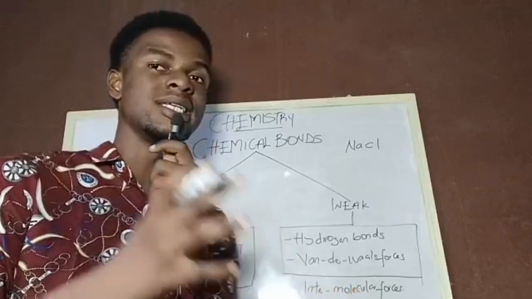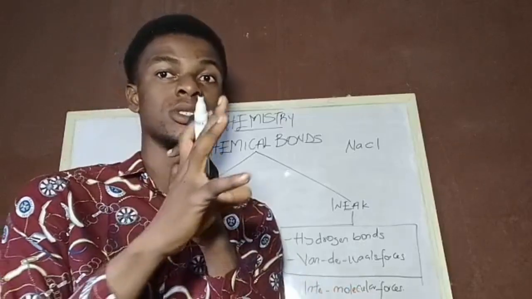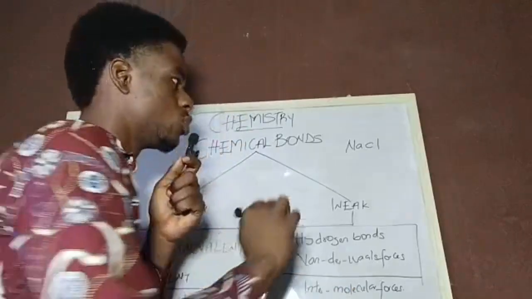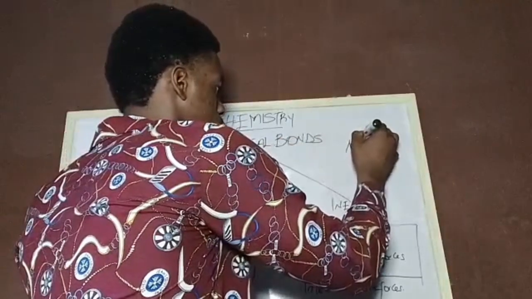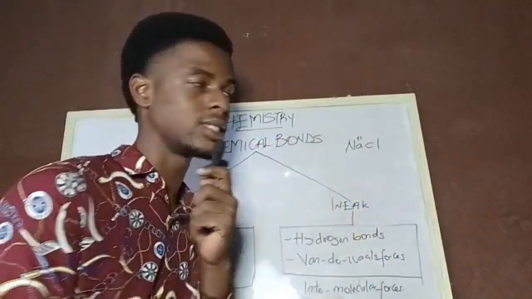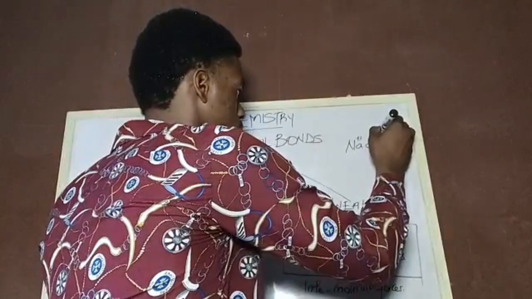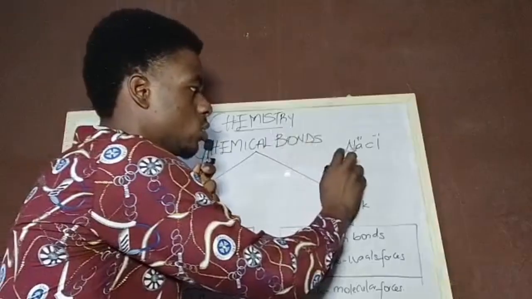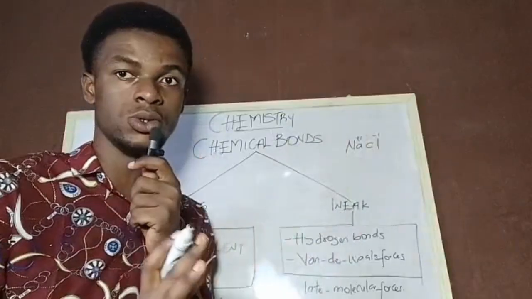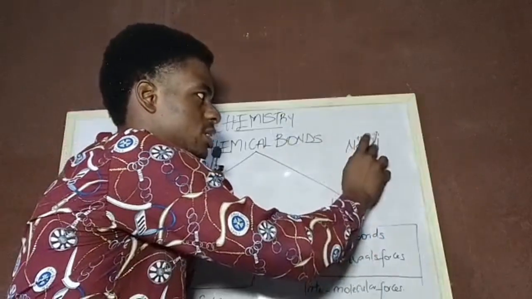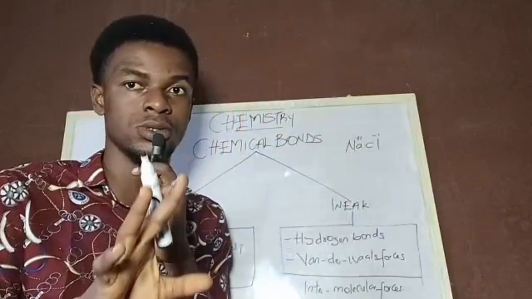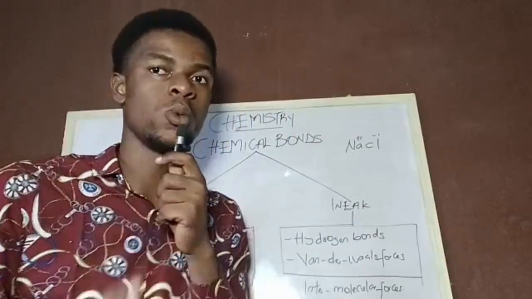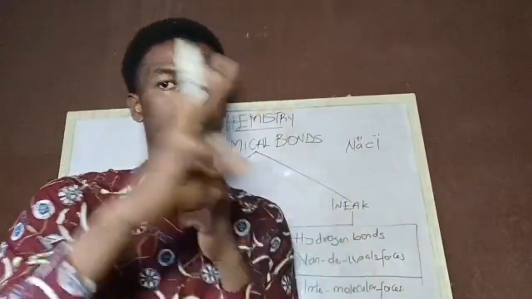They said it is the bond formed between two atoms of oppositely charged ions. Sodium has plus 1, which you are aware of, right? Chlorine has minus 1. If you look at this very well, their ions are not the same. Yes or no? This is plus 1 and this is minus 1. They have different ions. What is ion? Ion is the charge of an atom, whether negative or positive.